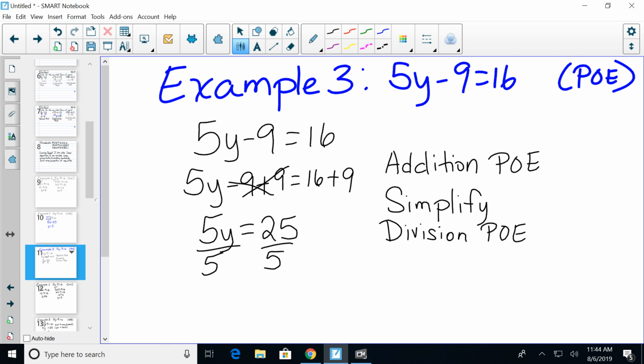Y is equal to, or y. You gotta cross out the 5. Justification. So what's our justification? What do we have to do? Simplify it. When you do the math, you are simplifying it. So I've got to simplify it. And when I simplify it, I get what as a solution? Y is equal to 5.